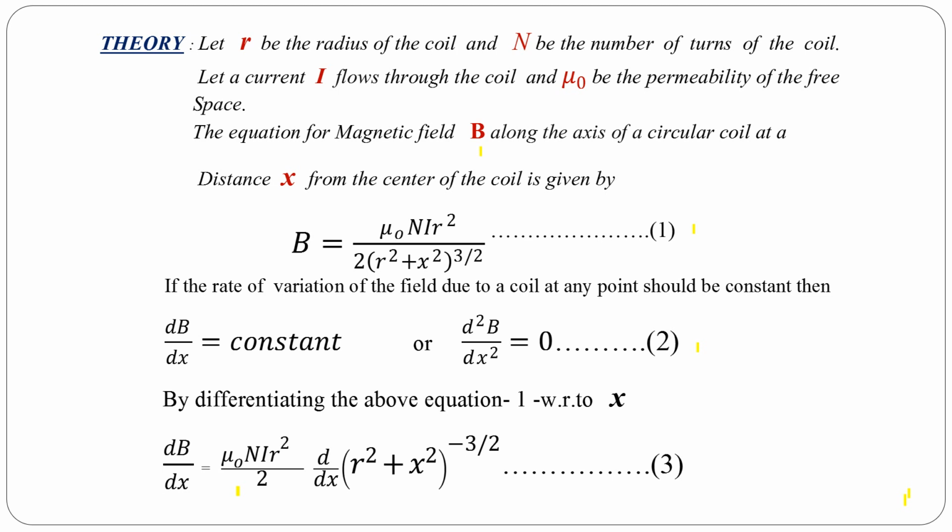This is taken as equation 3. Here r square plus x square whole to the power of minus 3 by 2 is obtained by taking the term r square plus x square whole to the power of 3 by 2 to the numerator.